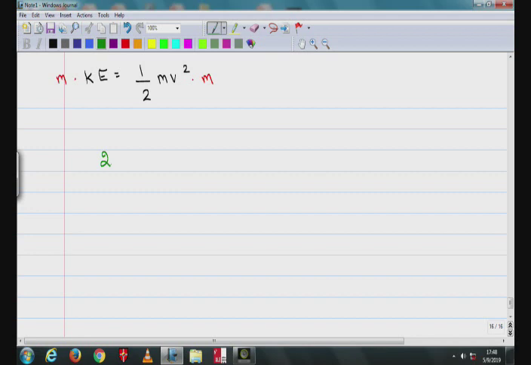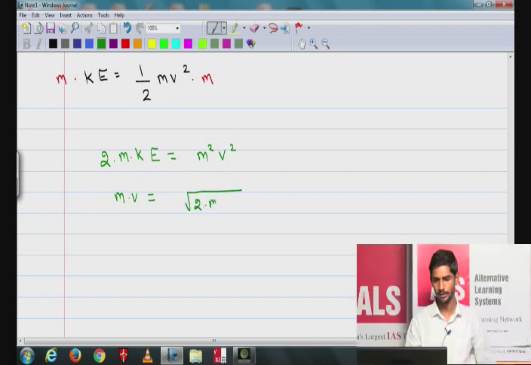We'll get 2 into m into kinetic energy equals m square into v square. If I take the square root, I'll get mass into velocity is equal to under the root of 2 into m into kinetic energy.